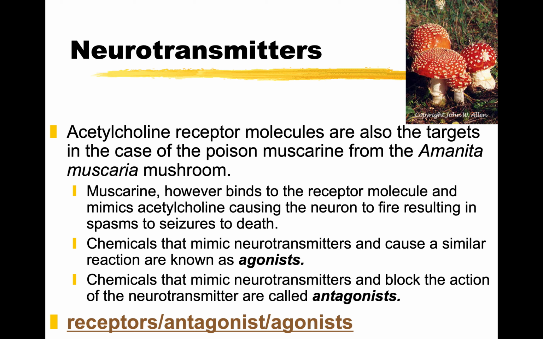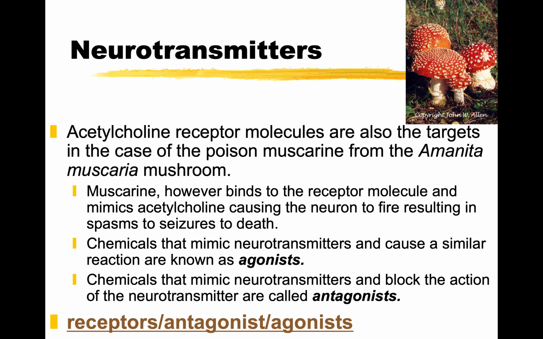to death. So we've got bungarotoxin, we've got curare that paralyze you by inhibiting the receptor sites and not allowing the acetylcholine to cause your muscles to move. And we have muscarine from the Amanita muscaria mushroom that binds to the receptor sites and causes the neurons to keep stimulating, and you go into spasms because the neuron just keeps firing.